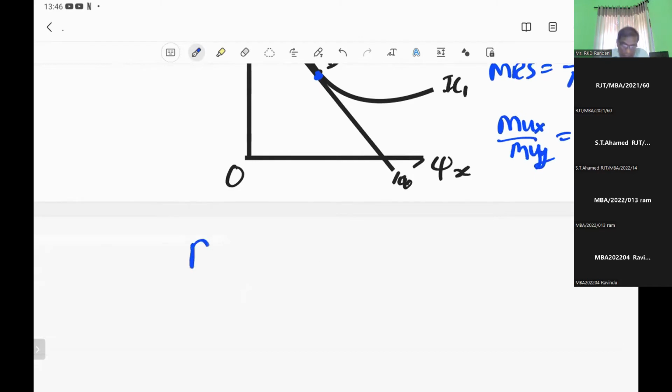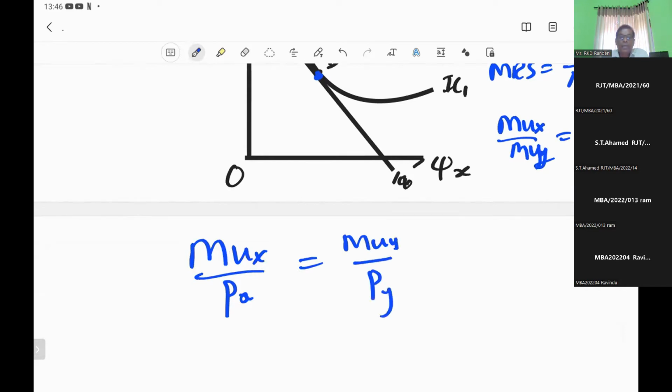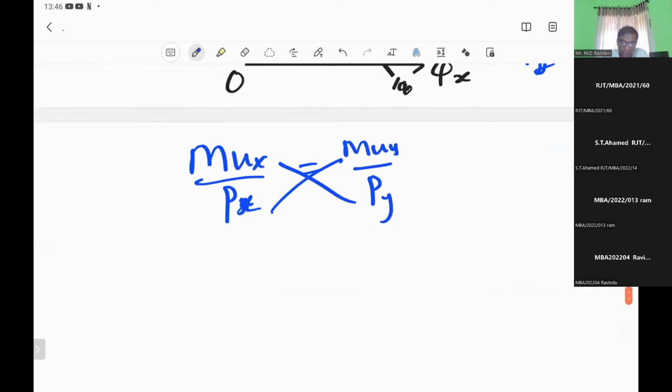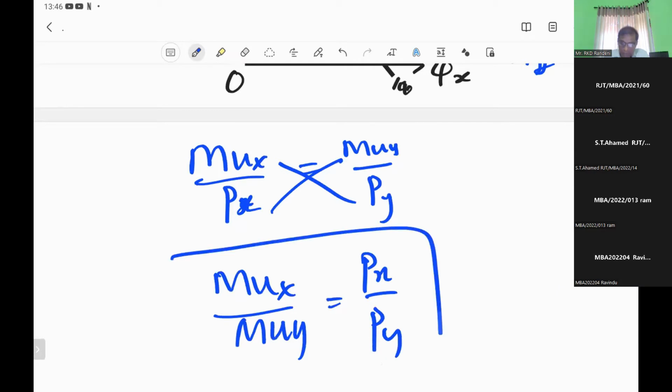Normally that is MUX divided by PX, MUY divided by PY, right? Marginal utility of X divided by its own price, not PY. Then the marginal utility of Y divided by its own price, that is the price of Y. Remember that. So cross multiply, you can write MUX divided by MUY equals PX divided by PY.